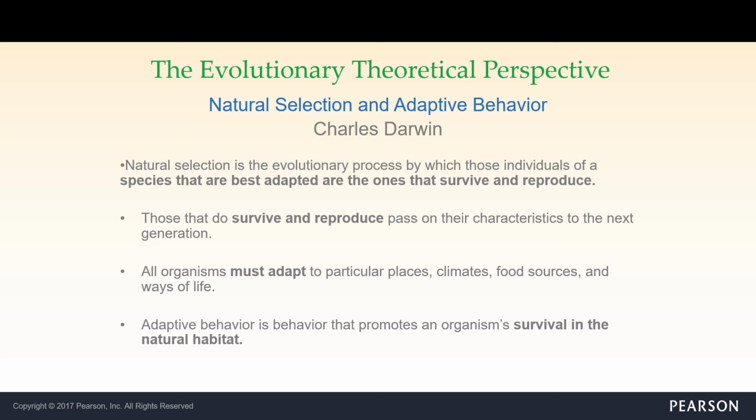And so, for example, if we look at the changes in the species of giraffes, in their environment the giraffes with longer necks would be better able to reach the foliage at the top of trees, and so they're more likely to live long enough to reproduce, and so their offspring are more likely to have longer necks, whereas the giraffes with shorter necks would not get enough food to survive long enough to reproduce.